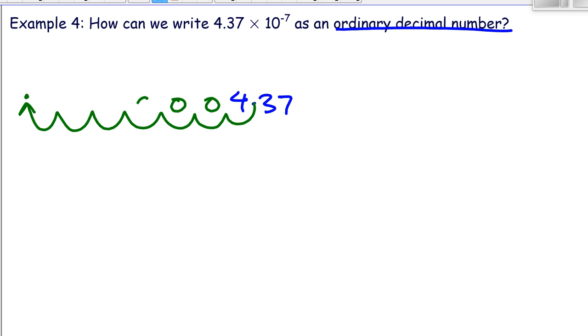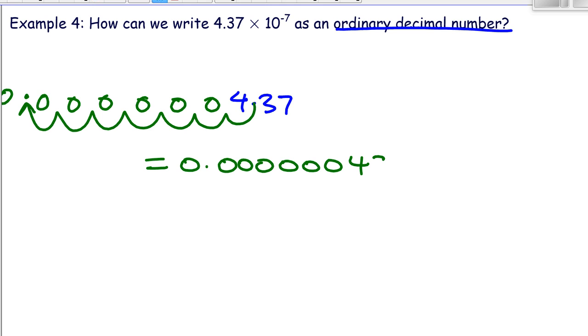All these guys become zeros. And we'll have a 0 there as well. So our answer will be 0.0000004 37, that is 0.000000437.